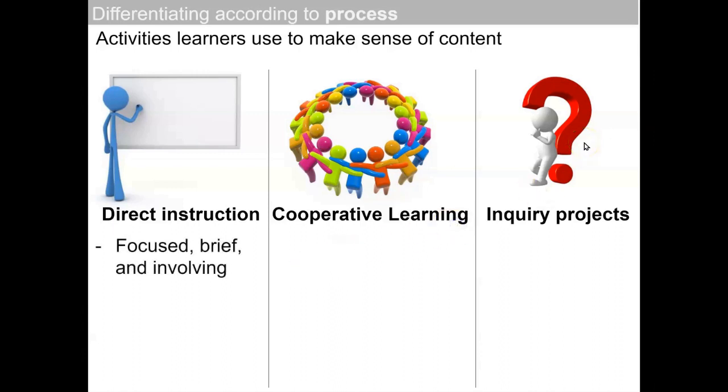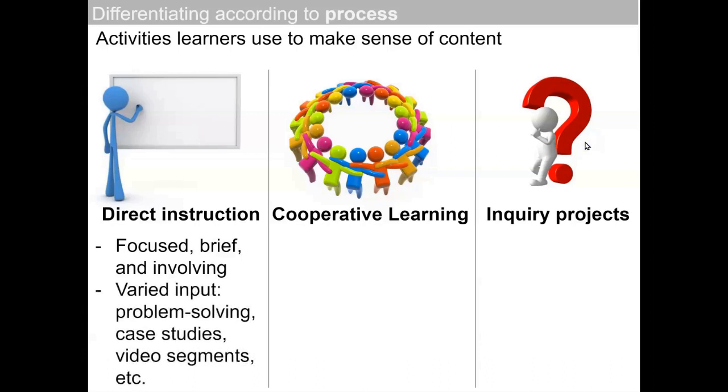Direct instruction, when it is focused, brief, and involving, can be a spectacular learning opportunity for some students. Direct instruction can be even more powerful when it includes varied types of input, mixing in problem solving, case studies, or video segments, for instance, to give students opportunities to engage with information.